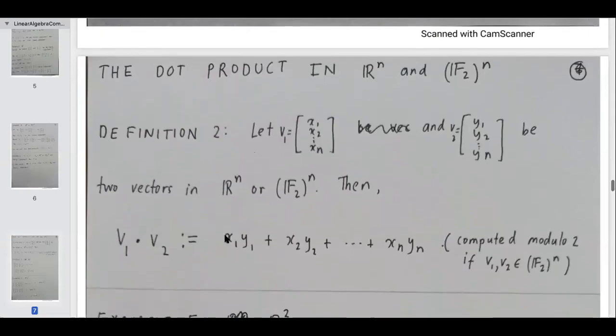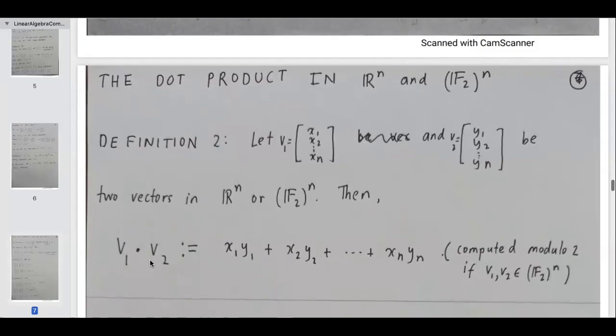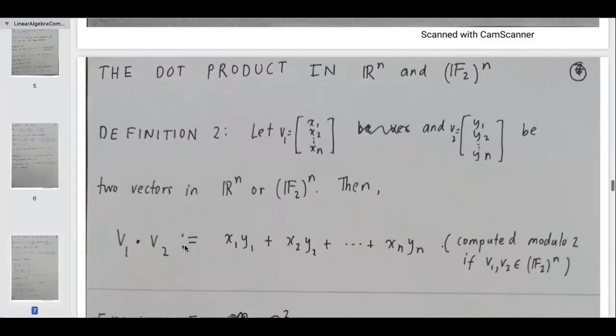And if we were talking about vectors in F2 to the n, then we would do this computation modulo 2. So the final answer of v1 dot v2 would be a number in the set {0, 1}. If we were doing the dot product with vectors in Rn, the dot product would be a real number.